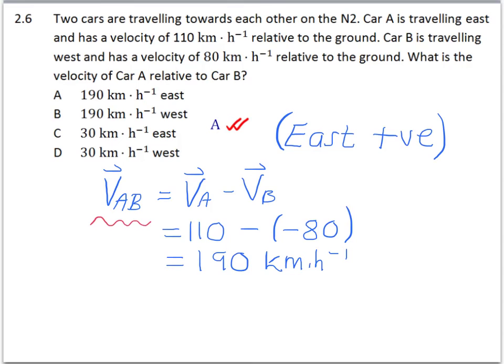So we have minus negative 80, meaning the relative velocity between A and B, or car A relative to car B, is 190 kilometers per hour in the positive direction, which means A is the correct answer because the positive direction we identified as east.